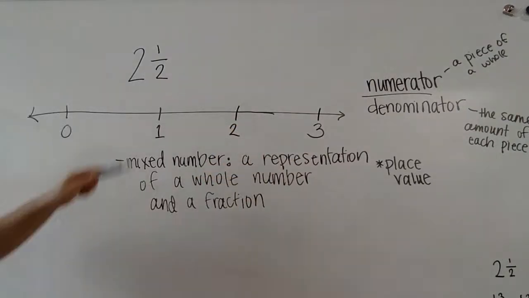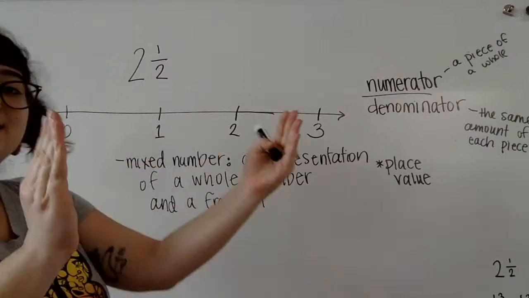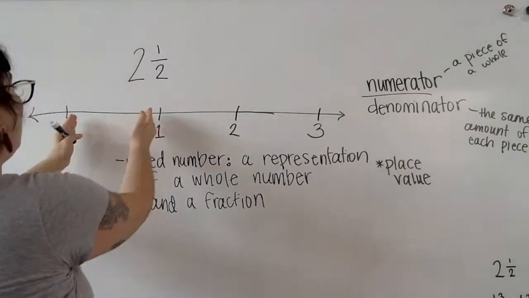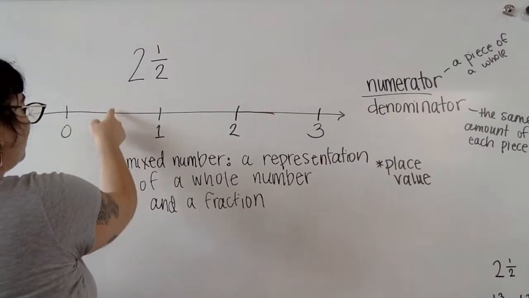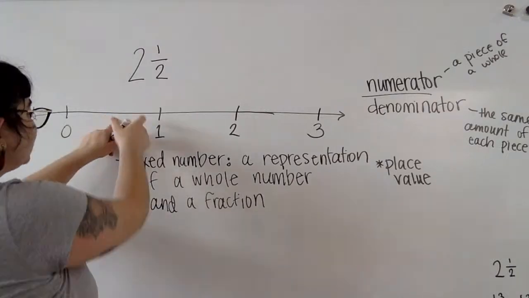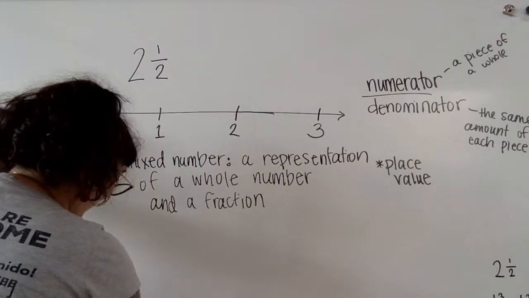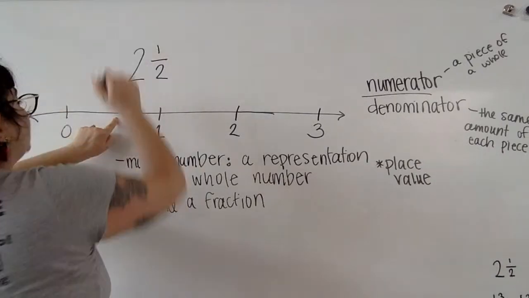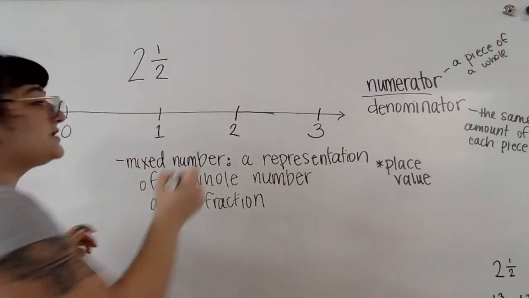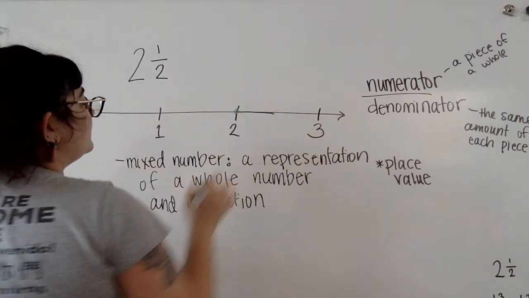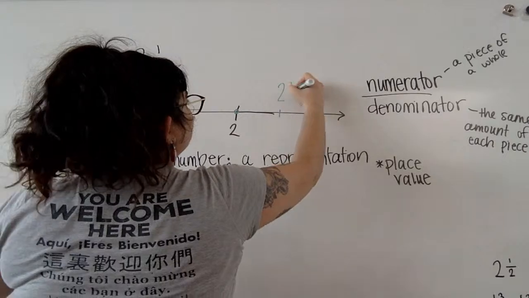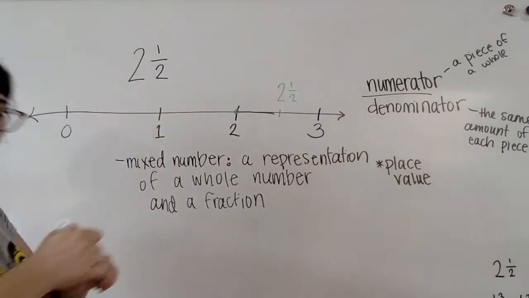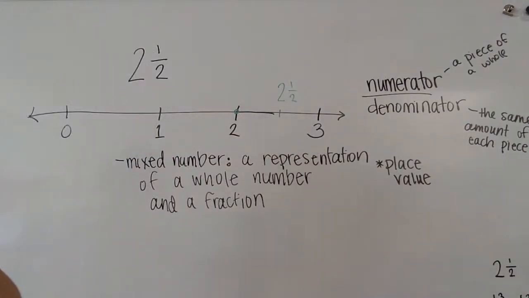Well, I know that 1/2 is halfway within a one whole, right? So if I was going to draw 1/2, it would be the halfway point of 1. But I don't just have a half, I also have the whole number of 2. So here's my 2, and here would be my 1/2. 2 and 1/2.